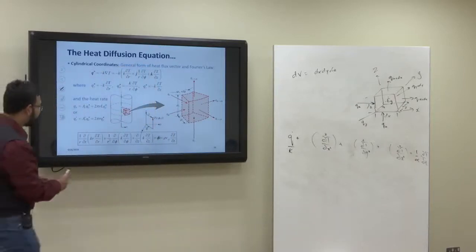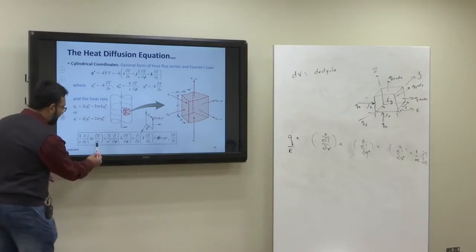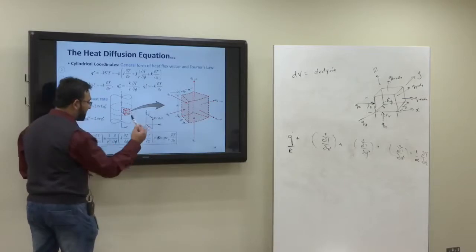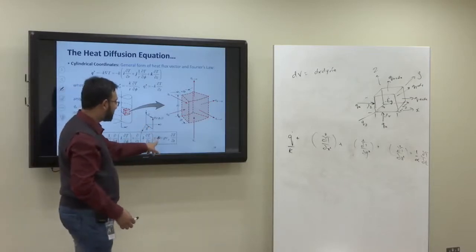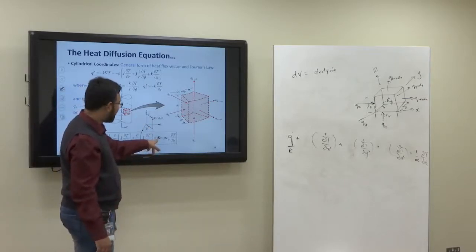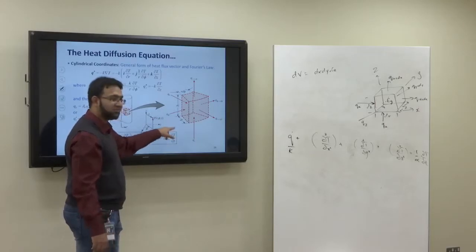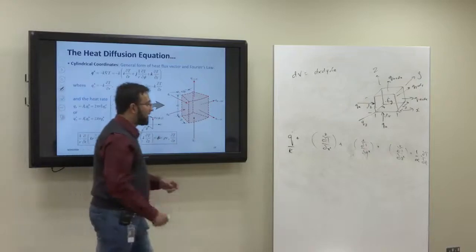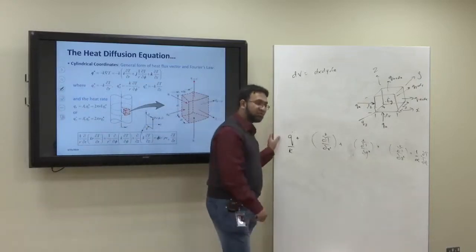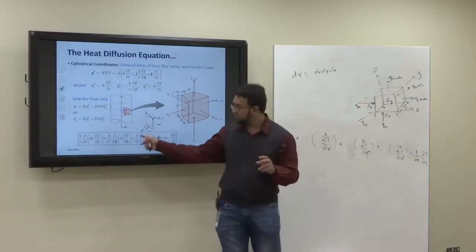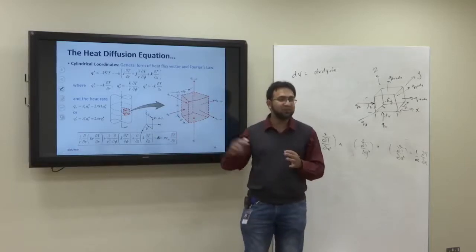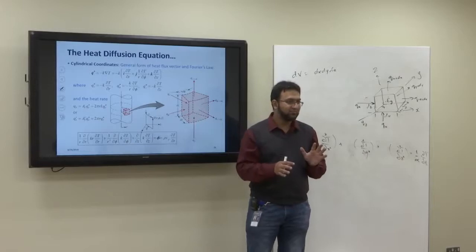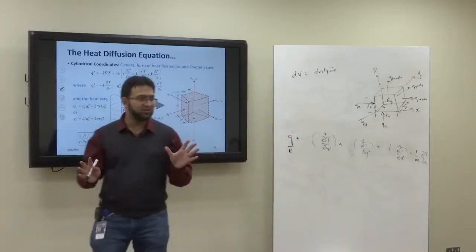So you have a term with r, change in temperature with theta, change in temperature with z. Then you have the q generation term, and then the unsteady state term. So instead of giving you the main equation in Cartesian coordinates, I can give this equation and ask you to simplify it for 2-dimensional, unsteady, and so on. The terms are similar.